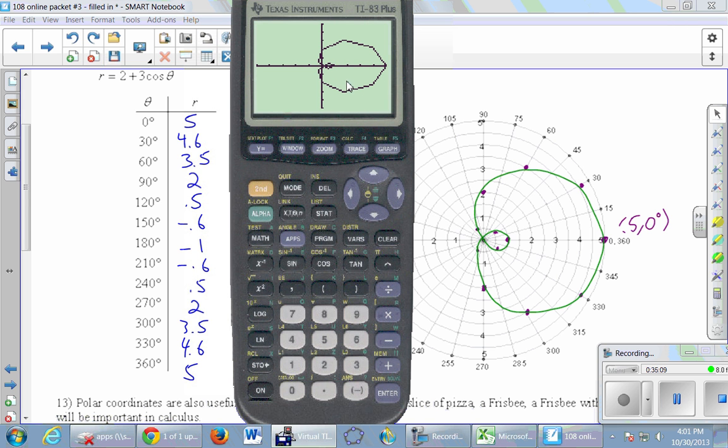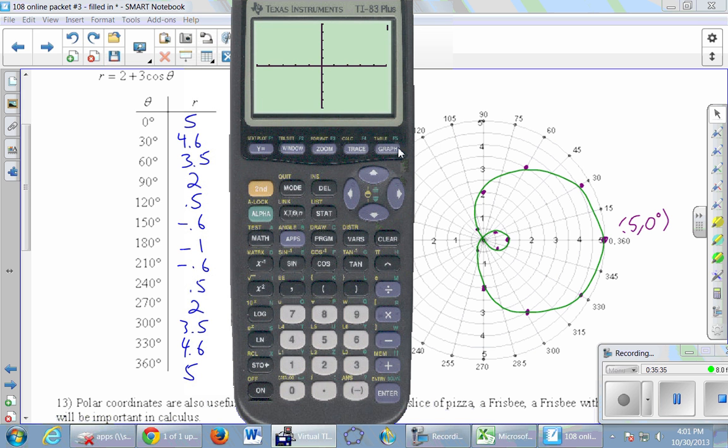But the upside, I don't know if you noticed it, but it graphed that really quickly compared to when we were doing it. I think we did every 5. So this is going to take a little bit of time to plot through because it's plotting many more points than we just did, 6 times as many points. So if you think that that's too blocky, I don't think it's going to get much better. But if you want, you can just change it to like every 1 degree or every 0.1 degrees.